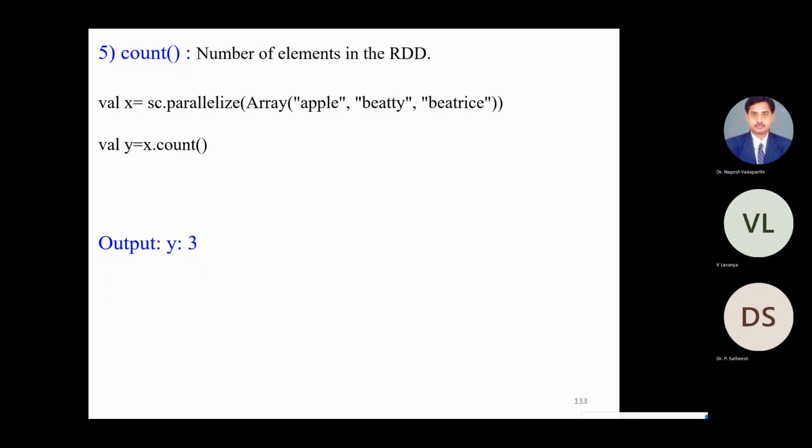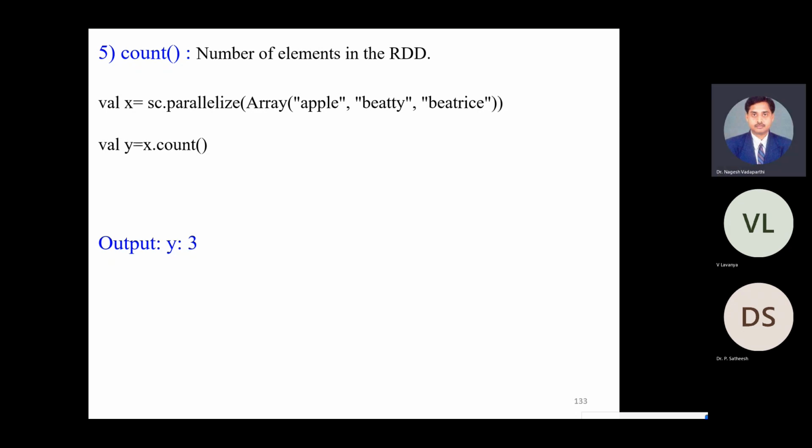Next, count the number of elements in the RDD. Value x is equal to sc.parallelize(Array(apple, betty, beatrice)). So that is the x input value and y is equal to x.count.